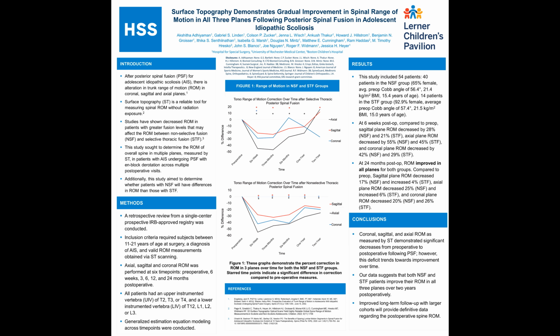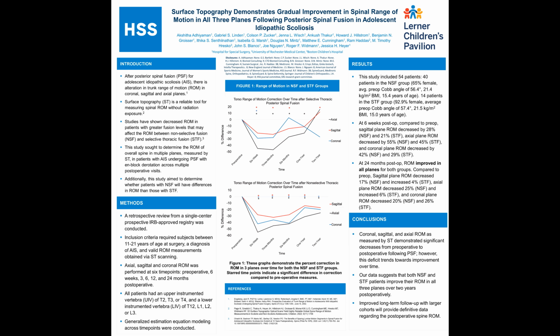The red curve shown for selective thoracic posterior spinal fusion is in the sagittal plane. The black is axial, and the blue is coronal. Similarly, in Figure 1 at the bottom are the same color codes for the sagittal, axial, and coronal curves across time points.